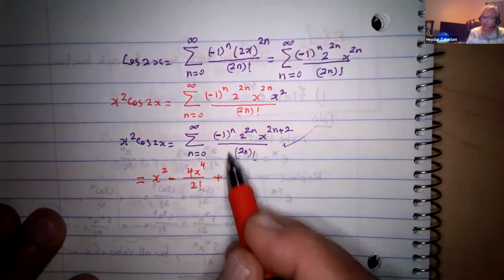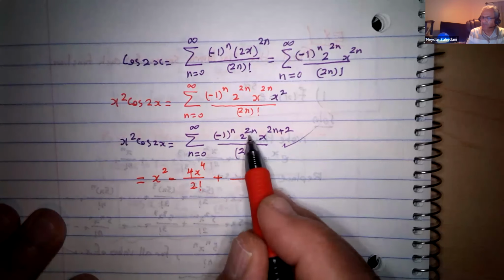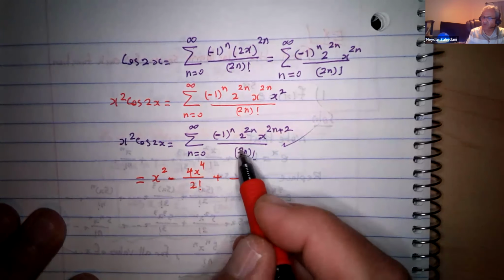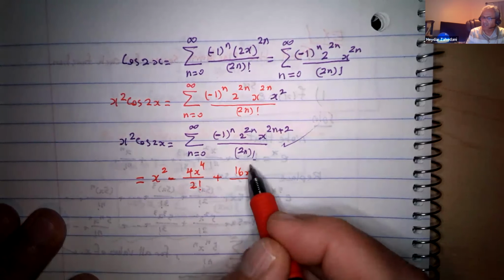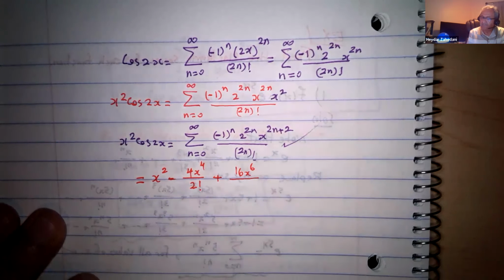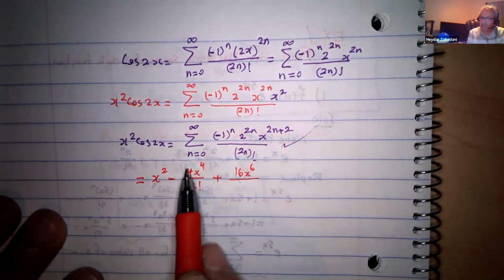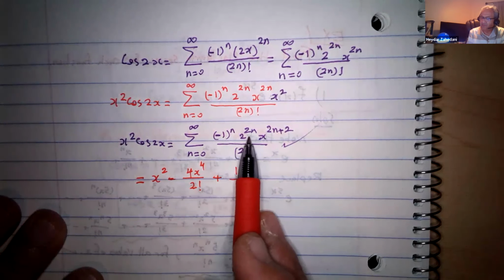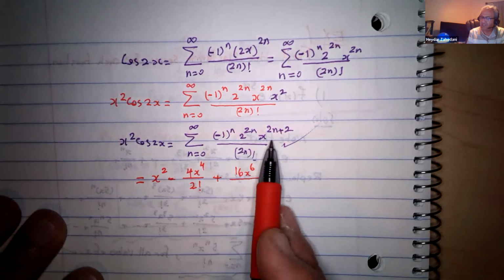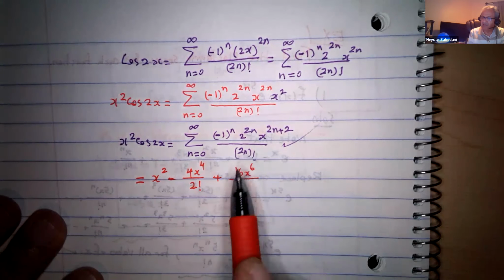If you replace n by 2, that gives you positive. 2 to the 4th, which is 16, x to the 6, and divided by 4 factorial. That's replacing n by 0, 1, 2.